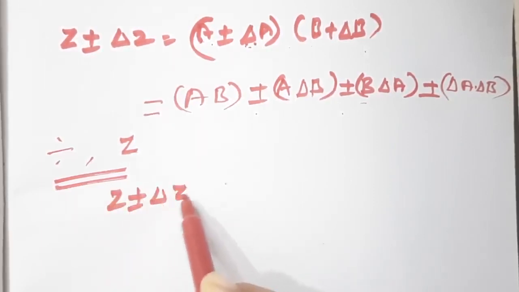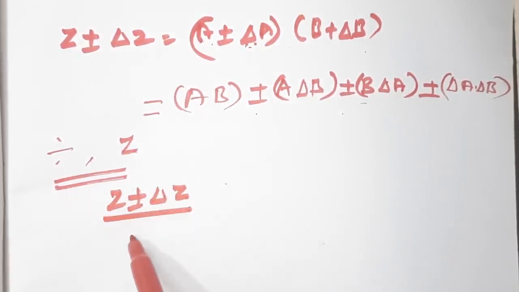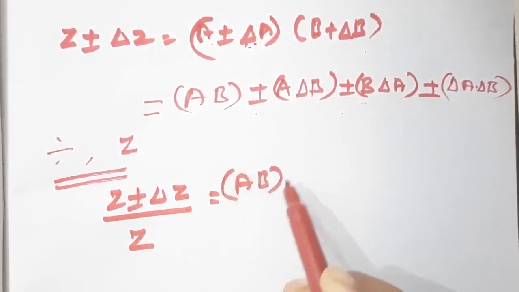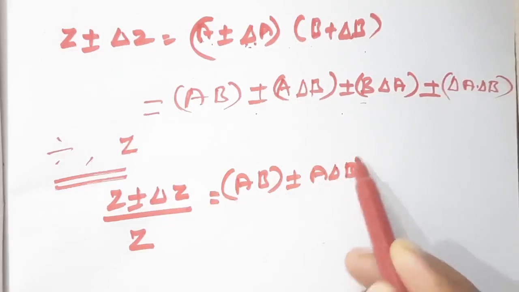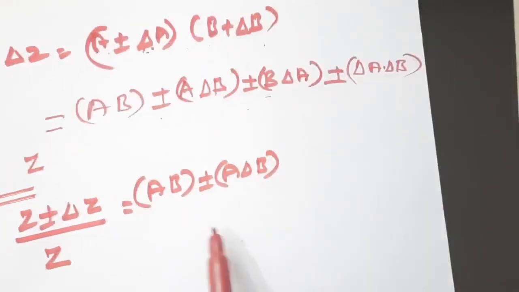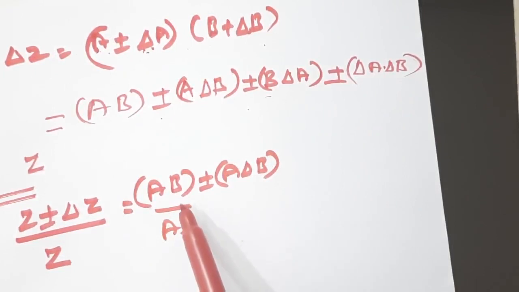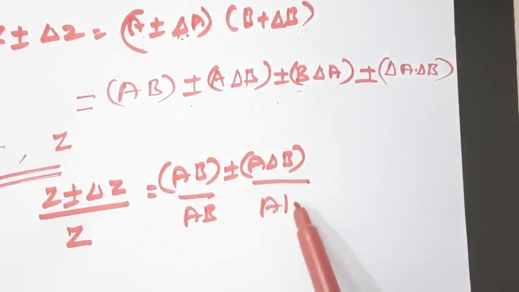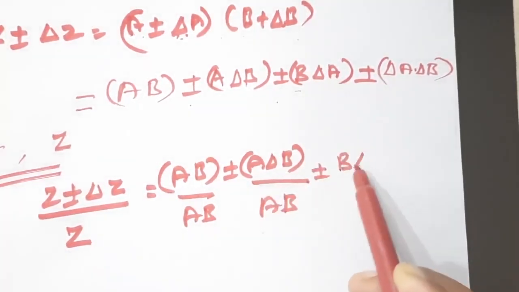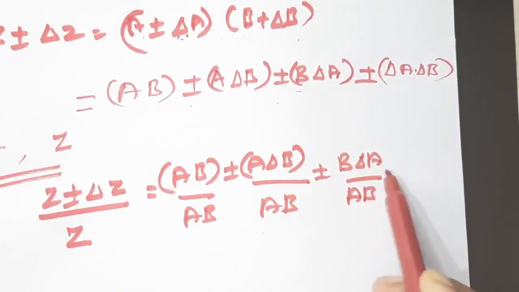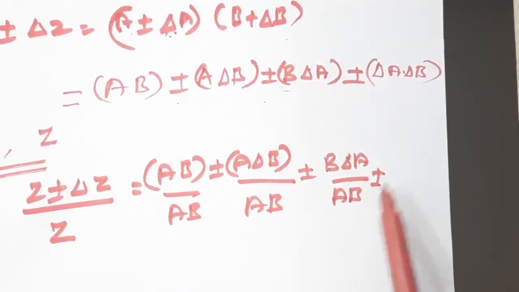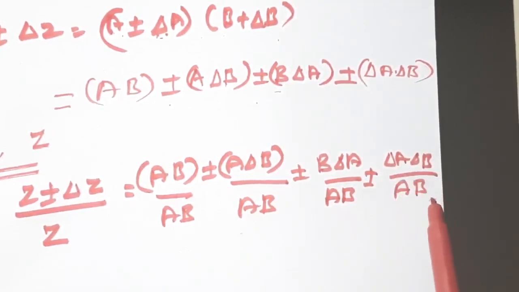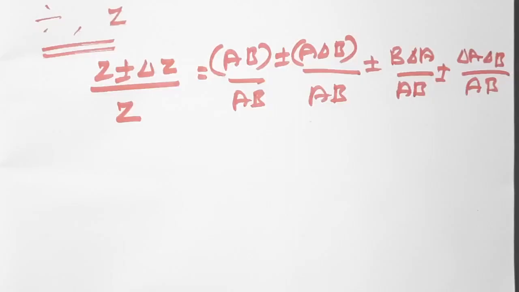Z plus or minus delta Z divided by Z is equal to, here the whole term, AB plus or minus A delta B. So here also AB by AB we can write. Z is nothing but AB. So AB by AB plus or minus A delta B by AB plus or minus B delta A by AB plus or minus delta A delta B by AB.